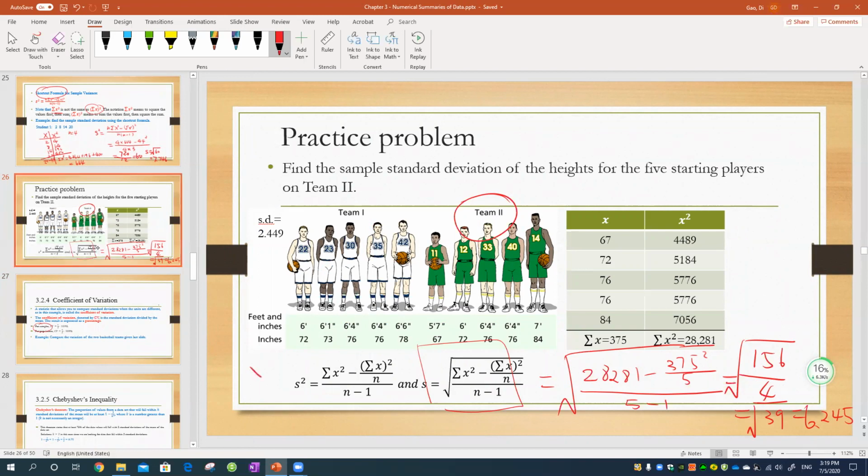So X bar for team one equals the sum of X divided by N. So we have 72 plus 73 plus 76 plus 76 plus 78, which is 375, divided by 5 numbers in total, so that's going to be 75. So that's the mean for team 1.